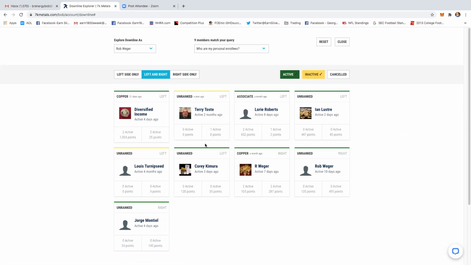Just by making these active, that creates another active. So you could have 1, 2, 3, 4, 5, 6 actives on the left strictly by having a coin purchase, right?